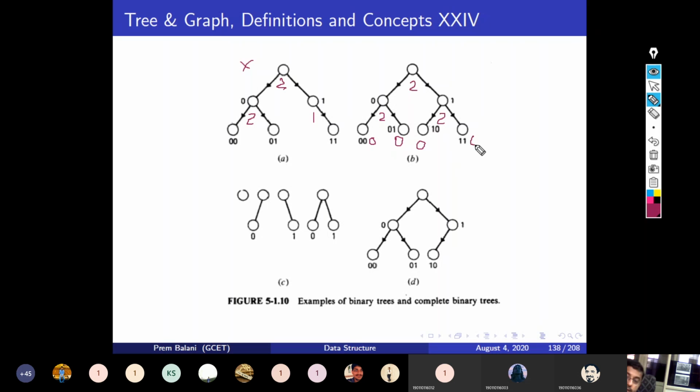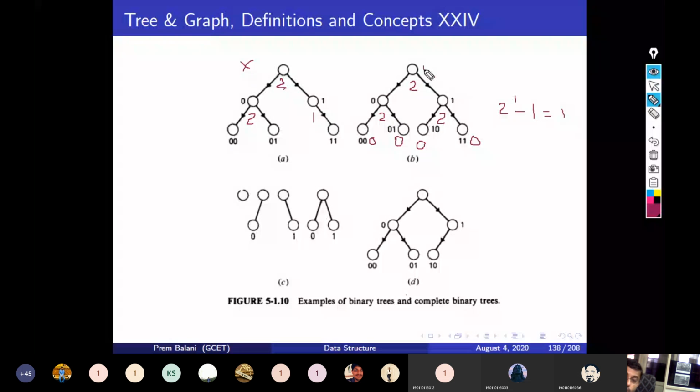First condition is satisfied. The second condition says at every level there must be m raised to i minus 1 nodes. So this is a binary tree, so 2 raised to 1 minus 1 equals 1. So at the root node level we have 1.